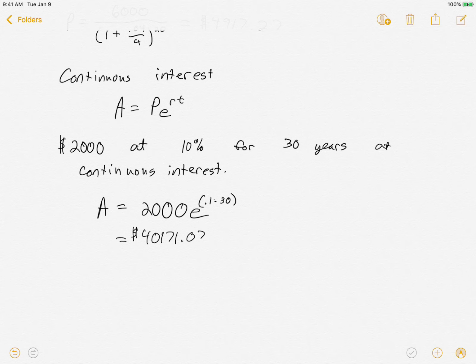That's a lot of money, considering that we only put $2,000 in. So continuous interest grows faster, and plus if you have a high interest rate like 10% for a long amount of time, like 30 years, it will grow very fast. So that's how we do compound interest, and it is exponential growth. So we'll stop there.